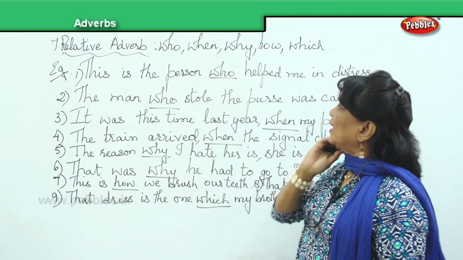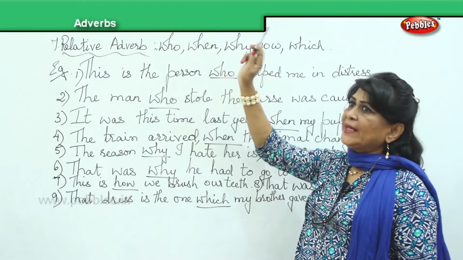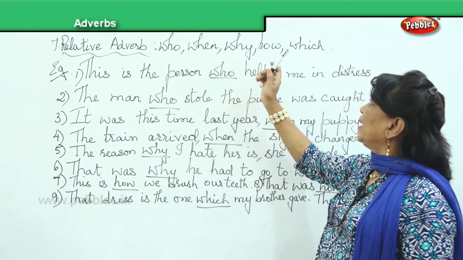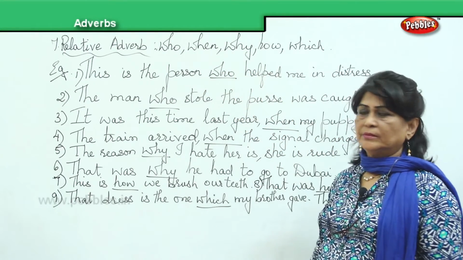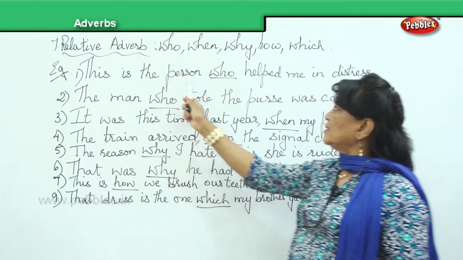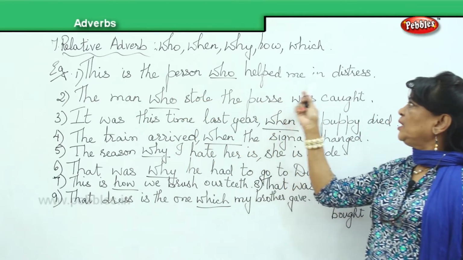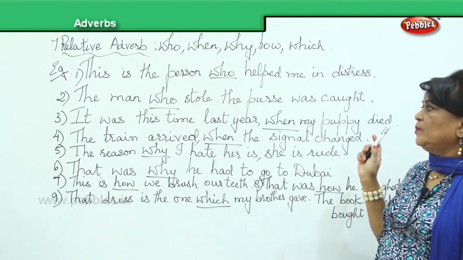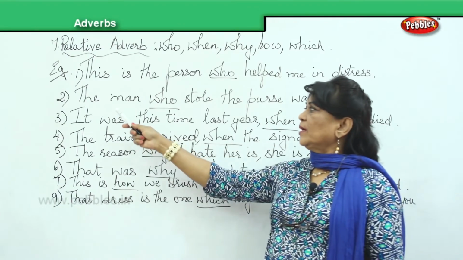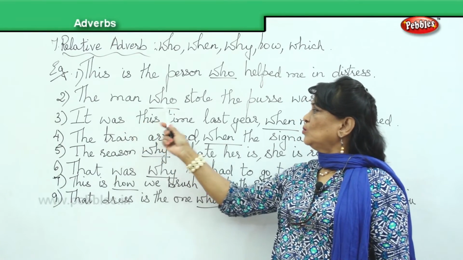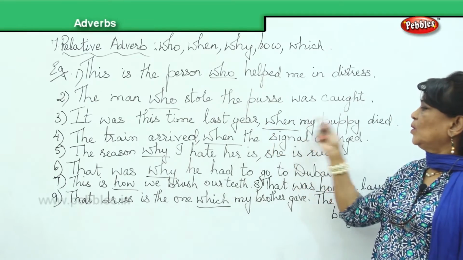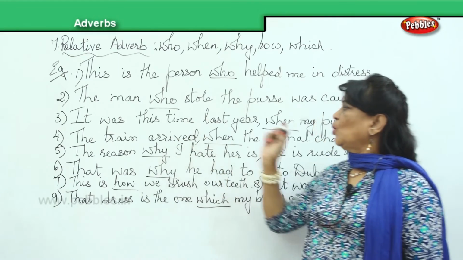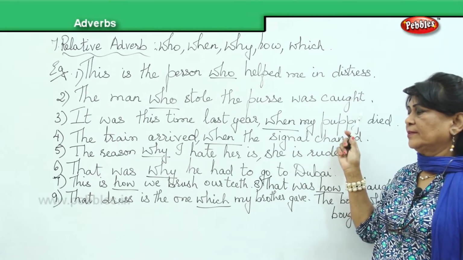I'll just read out. We'll have a quick run through or recap. Relative adverbs are who, when, why, how, which. This is a person who helped me in distress. Distress means trouble. The man who stole the purse was caught.